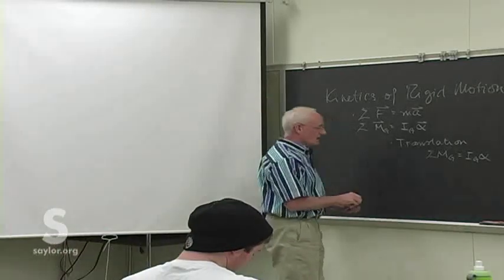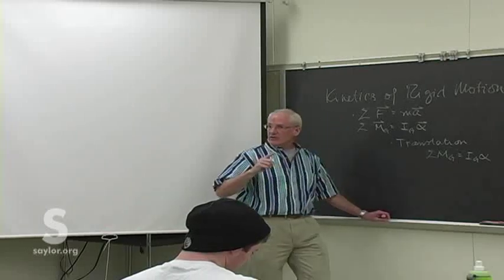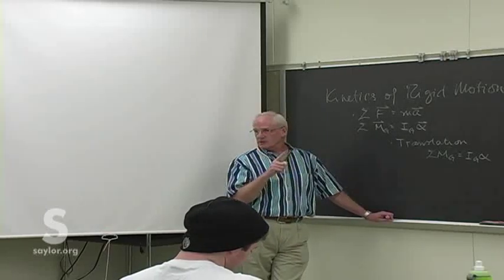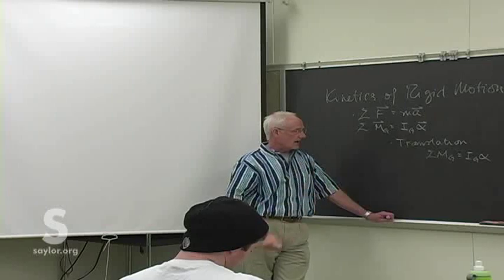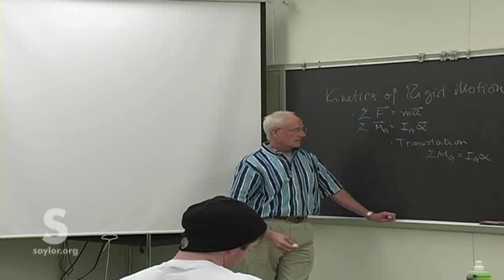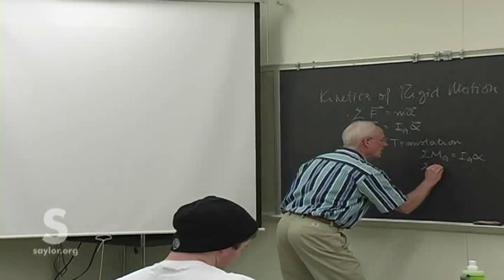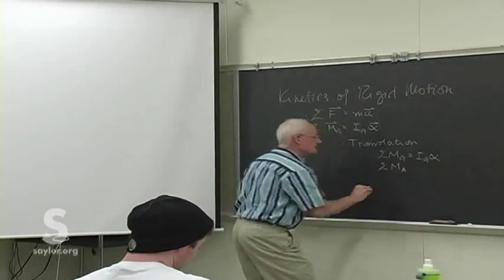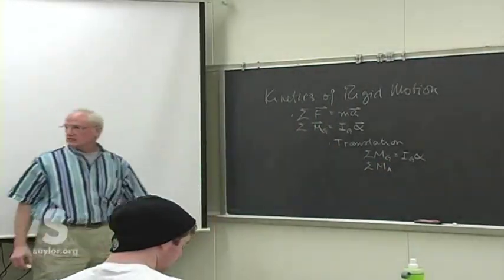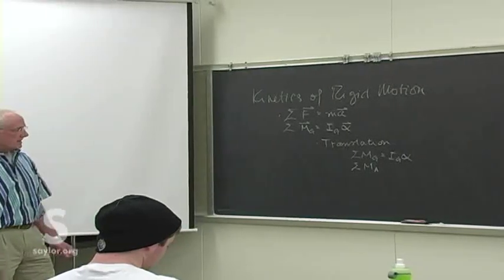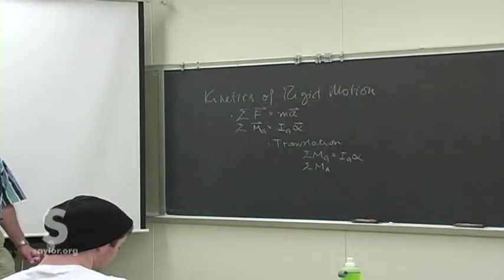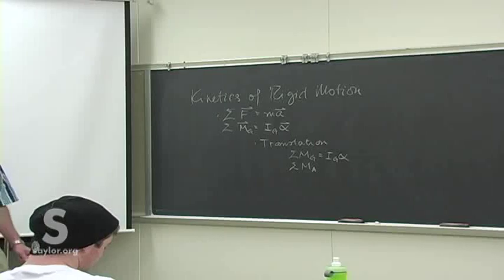Remember, however, in the pure translational motion there was a bit of a trap, and it came with this particular equation here, or its alternate form, where instead of summing the moments about the center of gravity, sometimes it made more sense to sum the moments about some other point, just as it had in statics.